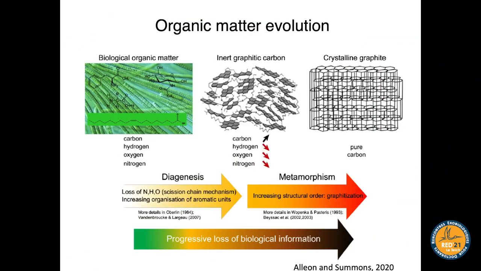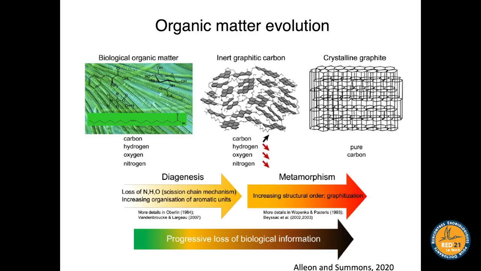What we can look at is the organic matter or the carbon, because most of the life we know now is based on carbon. And so if we look at the carbon in the geological record, we can see how it will evolve. And this is a nice summary of the evolution of carbon during geological history.